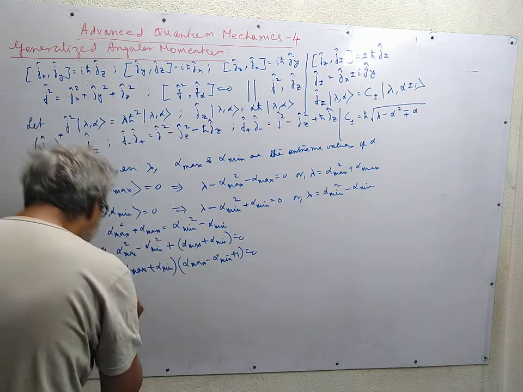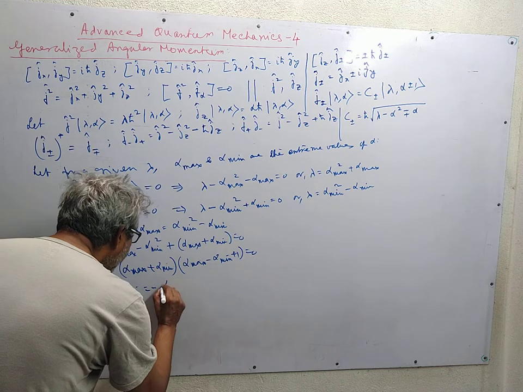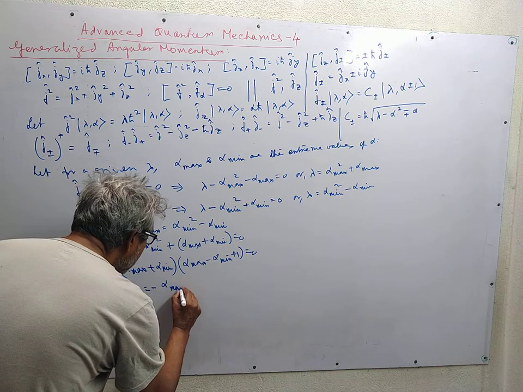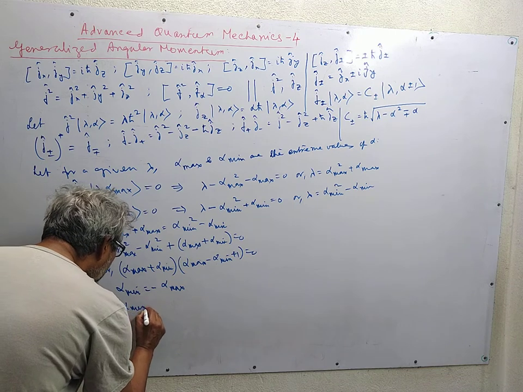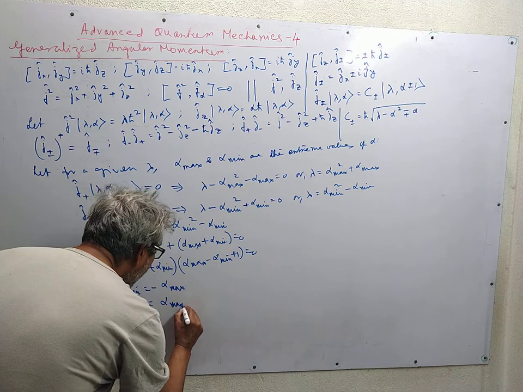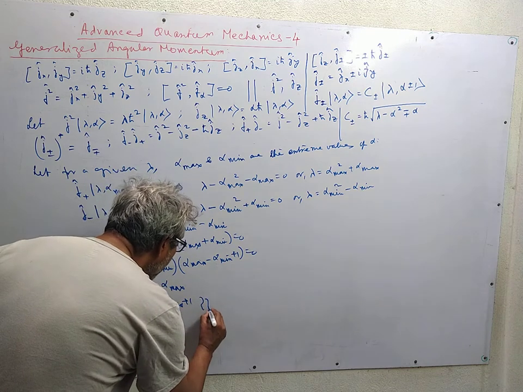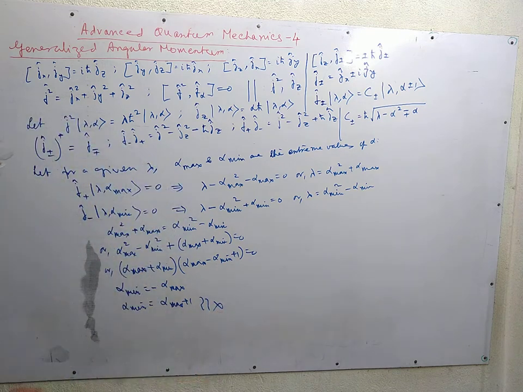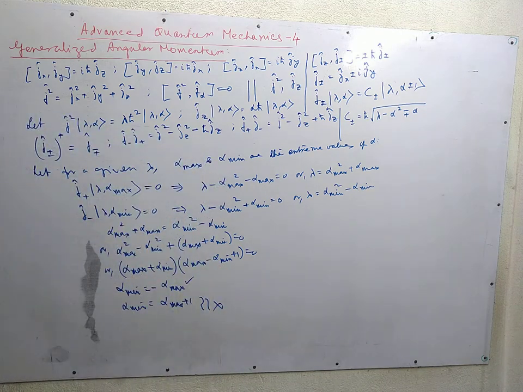The alternatives are alpha min is equal to minus alpha max, or alpha min is equal to alpha max plus 1. In the latter case alpha min is greater than alpha max, so this cannot be possible, because by our assumption alpha min is the minimum value. So the first is the right choice.